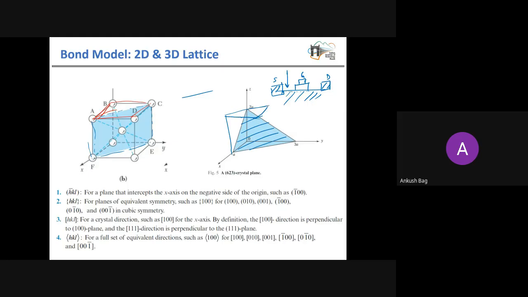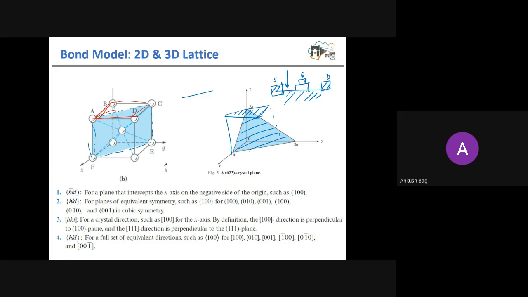I'm not very good at drawing this. If you build your device on this plane, you could have a different number of atoms and electrons. So finally, all your device characteristics, like the drain current, may be different depending on the plane.